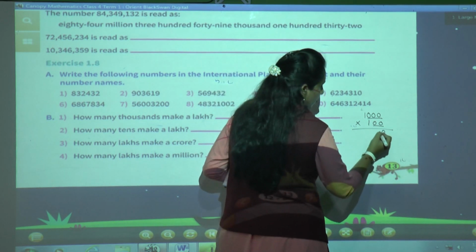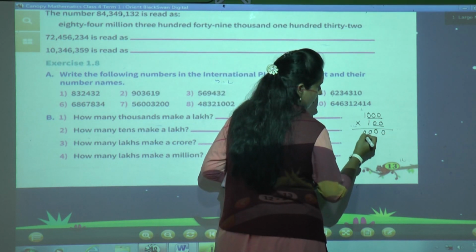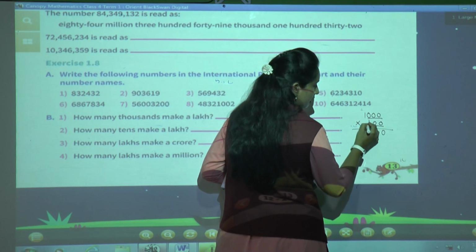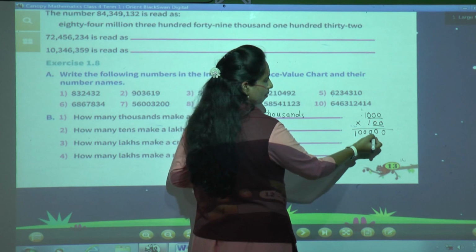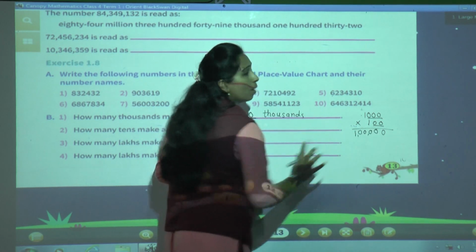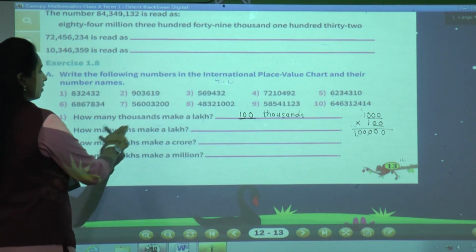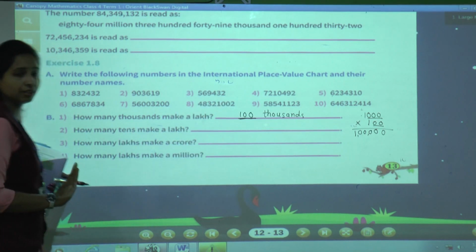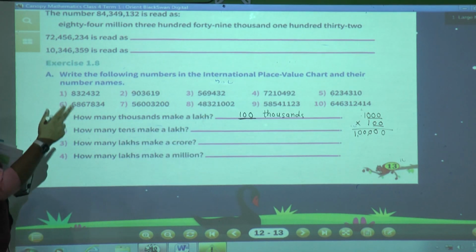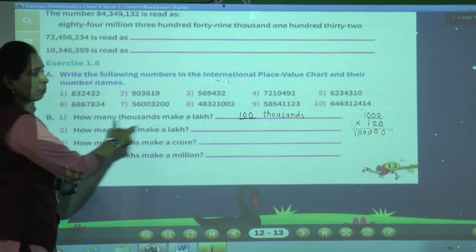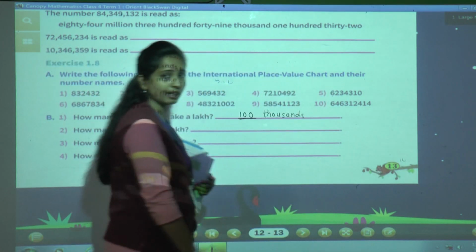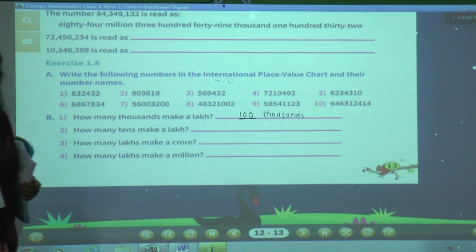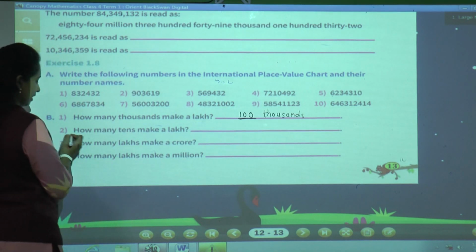So write all together 5 zeros. Okay? And what is remaining? 1 multiplied by 1. See, can you see the number? 1 lakh. So we can say now with the proof, with the calculation that in 1 lakh how many thousands are there? 100 thousands. Clear everyone? I hope very clear.